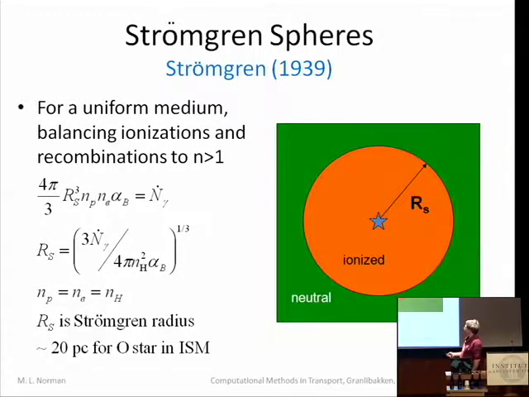There's the volume times n_p n_e times the case B recombination rate. You equate that to the ionizing photon flux and solve for the radius. It goes as the 1/3 power of the ionizing flux and 1 over the 2/3 power of the particle density. And this is typically about 20 parsecs for an O star in the interstellar medium.